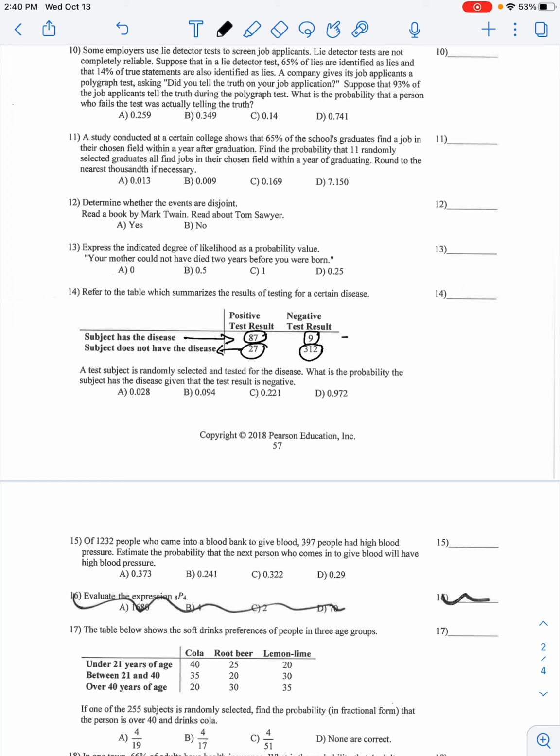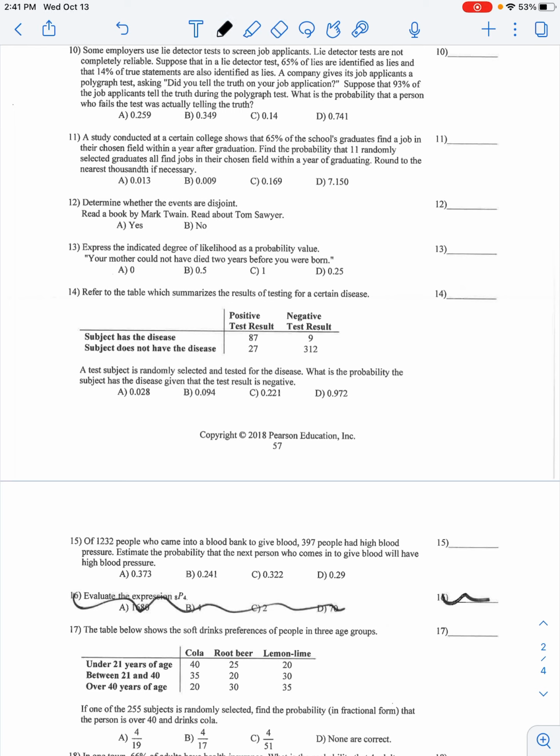The worst of all is when they get a negative test result when the person has the disease and stays unaware of their sickness. So anyways, the question is, a subject is randomly selected and tested for the disease. What is the probability the subject has the disease given that the test result is negative?